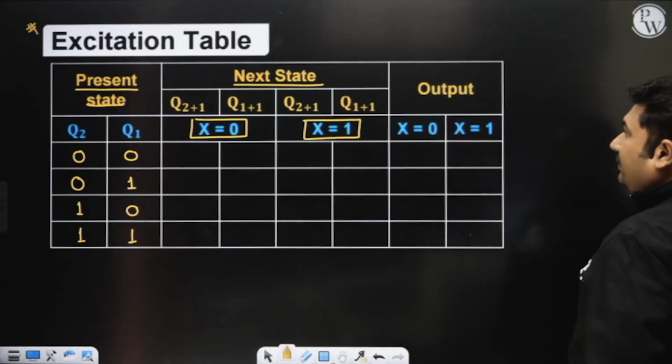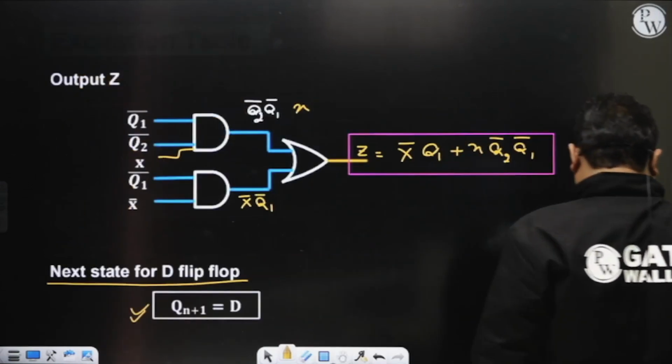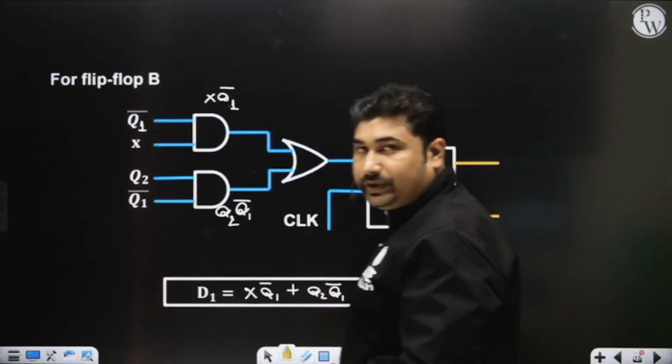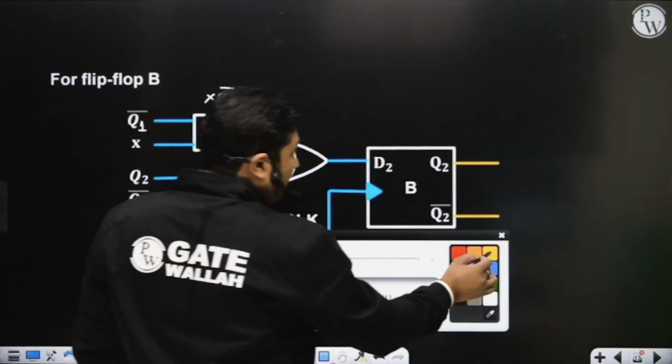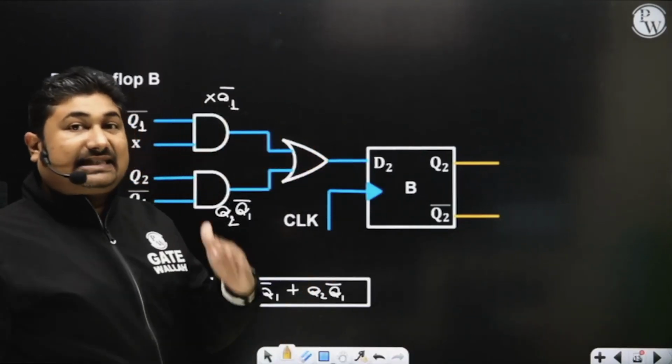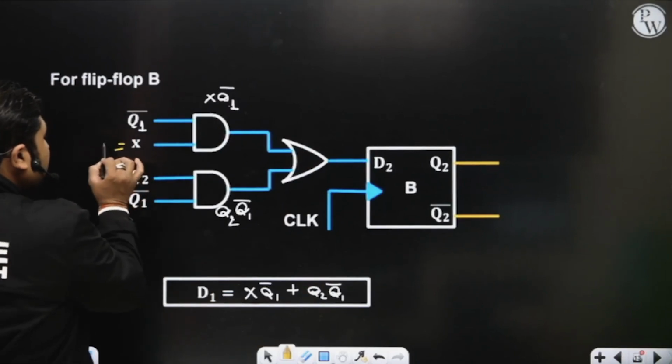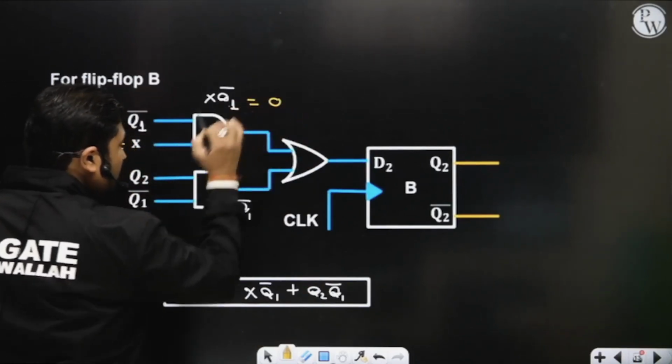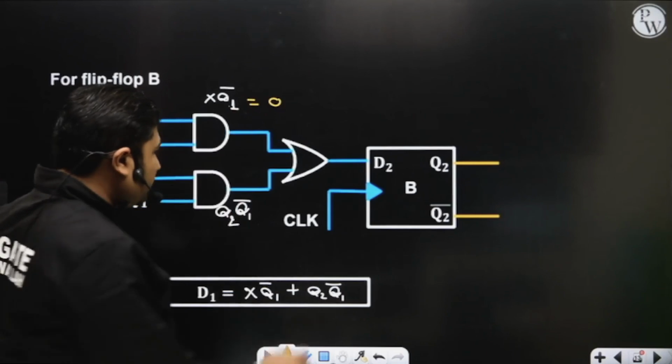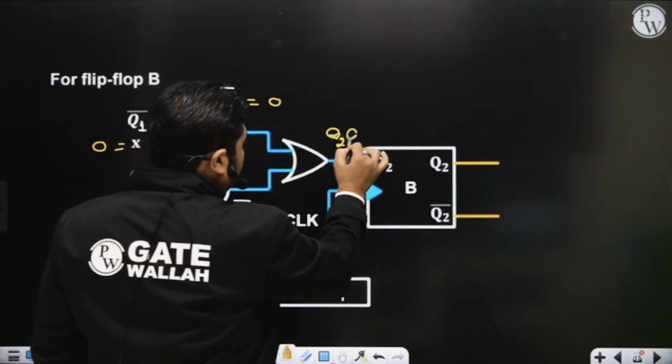Now please observe. First, Q2 plus 1, which means onto flip-flop B. I am interested to check the states with x equals 0. In case x equals 0, this will become 0. 0 plus Q2 Q1 complement, you will get Q2 Q1 complement.